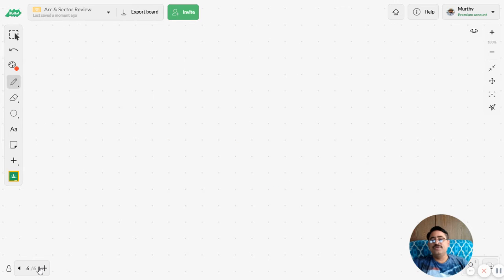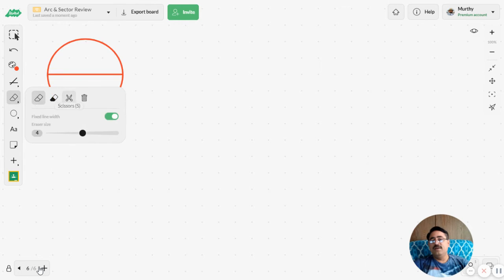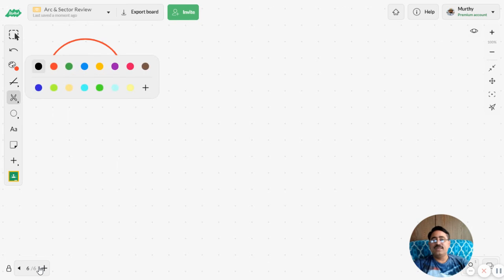Well, next question is, this time I'm drawing a circle, and let's say that this is the diameter, and I'm taking only half of the circle. You know that half of a circle is called a semicircle.